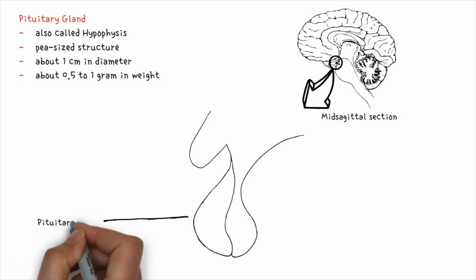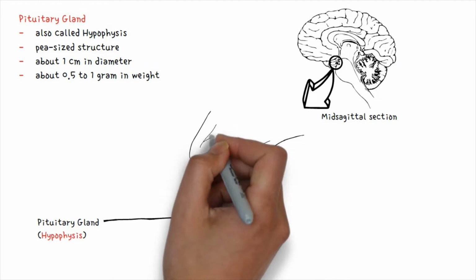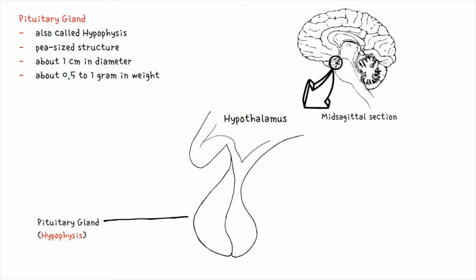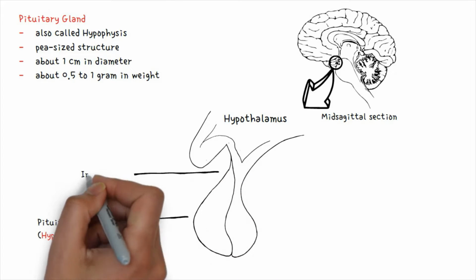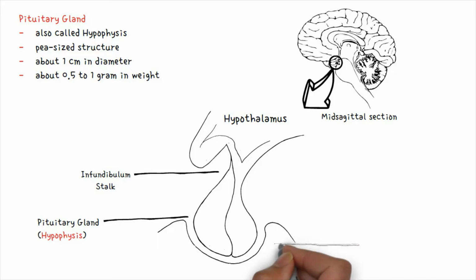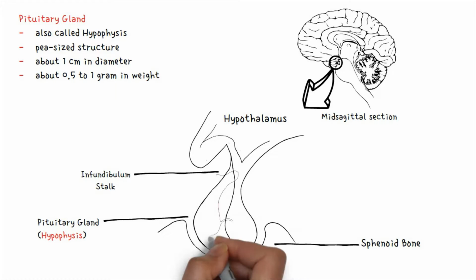This is the pituitary gland, also called hypophysis, and this pituitary gland is connected with the hypothalamus through the infundibulum stalk, which usually contain nerves. So the hypothalamus is the connecting link between the nervous and endocrine system of the body. This pituitary gland is located in the pocket of sphenoid bone at the base of the brain.